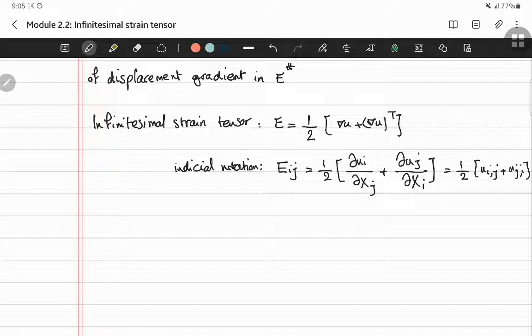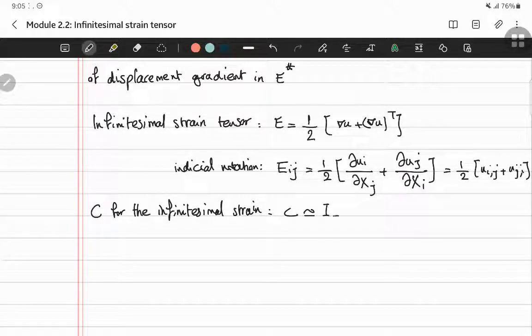Now C, for the right Cauchy-Green deformation tensor for the infinitesimal strain tensor, becomes approximately I plus 2e.